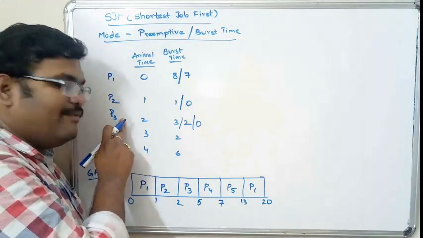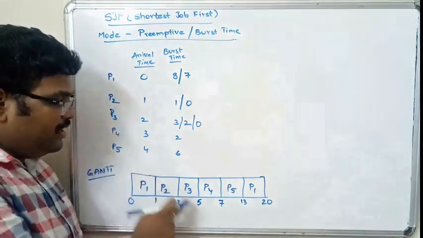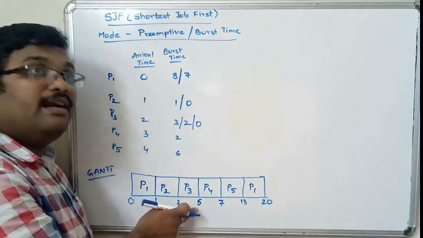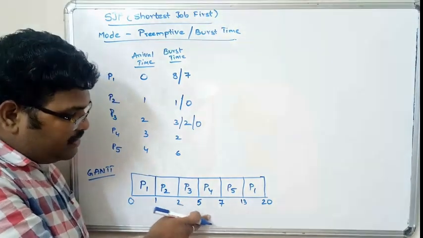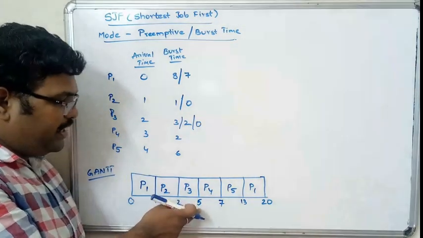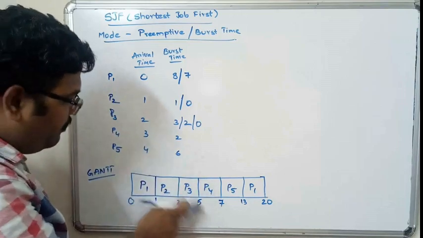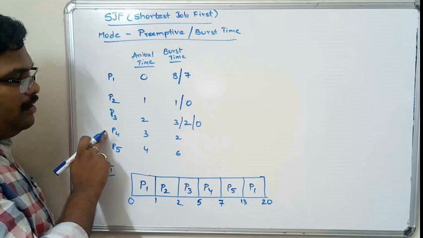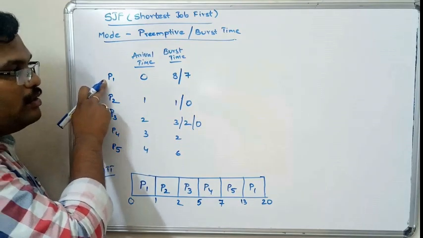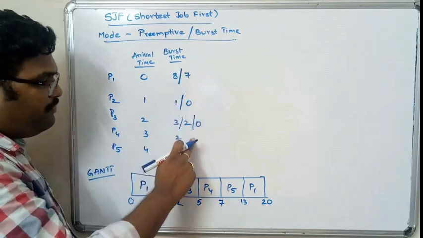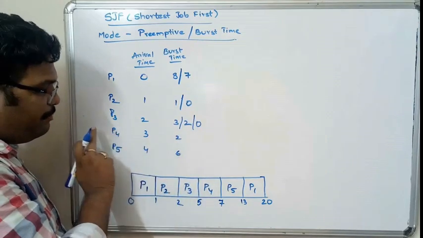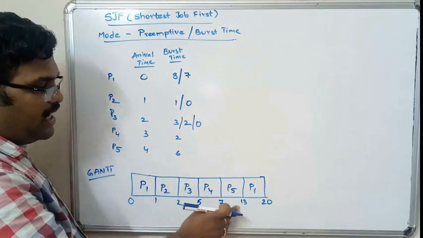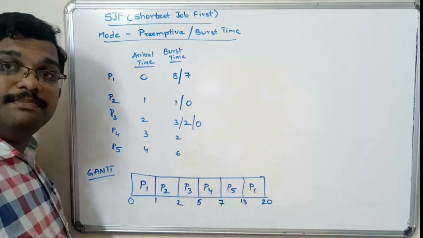So here P3, P4, P3 has the lowest ID. So P3 is allocated to CPU, and CPU completes the process P3 at the time of 5. Now P5 is available, P4 is available, P1 is available. Among these 3, P1 requires 7, P4 requires 2, P5 requires 6. P4 has the lowest burst time, so P4 is allocated to the CPU. Next, P5 is allocated to the CPU, and then P1.